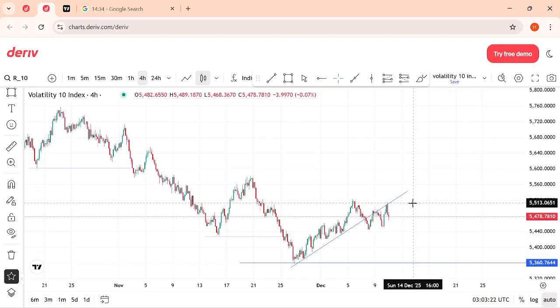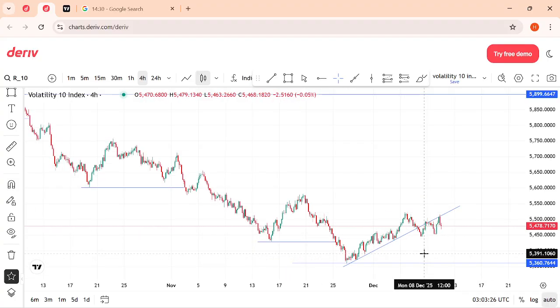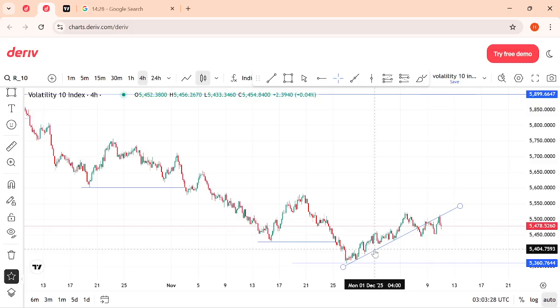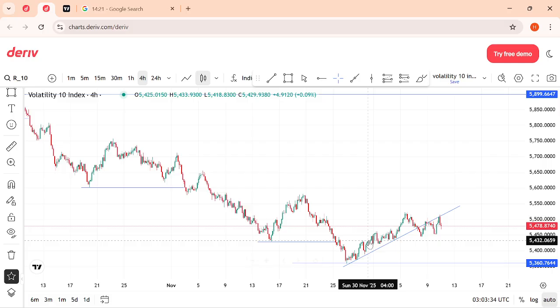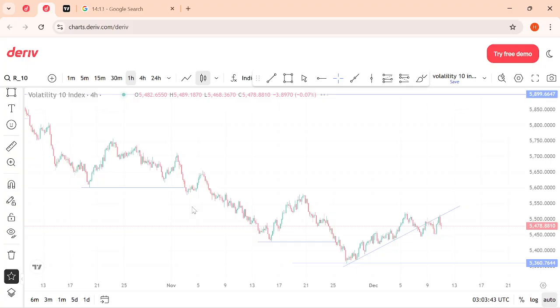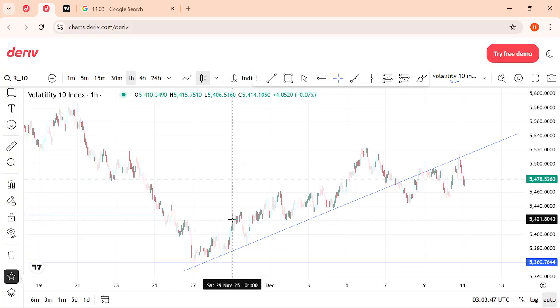But on the 4 hours time frame, we can see a kind of uptrend formation setting in, which is price breaking structures to the upside and retesting the zones and doing same again to the upside. So we can go to the 1 hour time frame and let's look properly at what is going on.